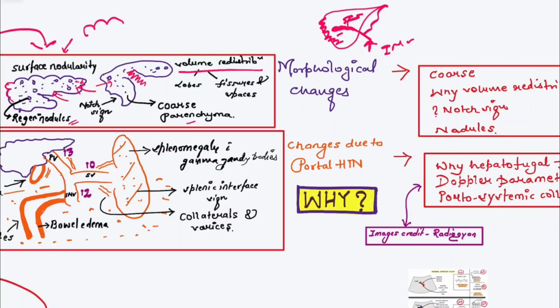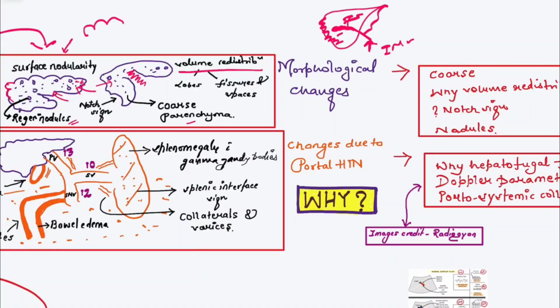So that's why there is this volume redistribution, as I've already told in my first video of liver segmental anatomy, why the caudate lobe gets hypertrophied in cirrhosis, because of the different blood supply it has.